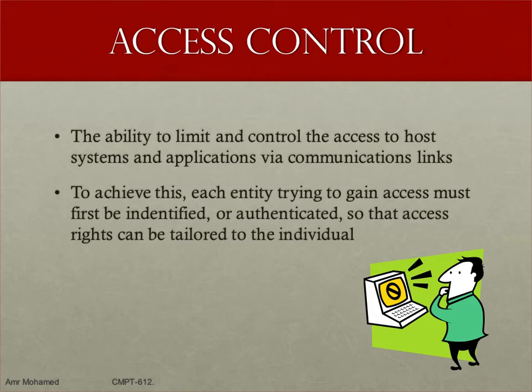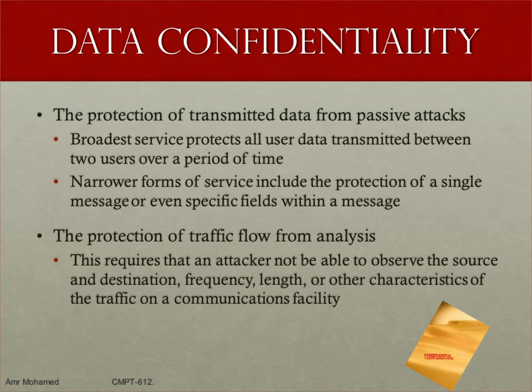To achieve access control, each entity trying to gain access must first be identified. So you either have to identify yourself through user ID and password, through a certificate, through physical tokens, or any kind of method or mechanism to identify yourself, and based on that you get the privilege that you're supposed to have based on this identity.